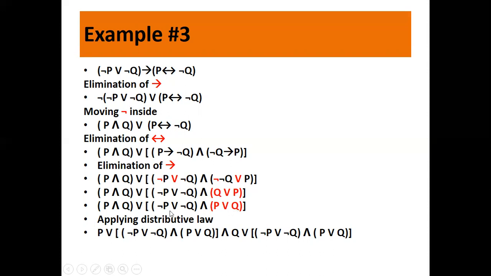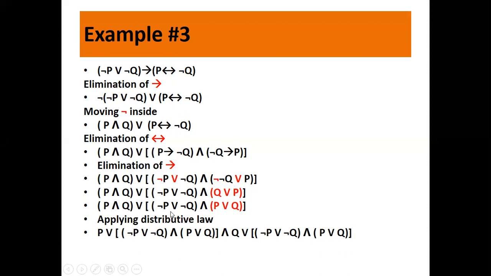Now after this, what we do is we apply the distributive law. When you are applying the distributive law, just look at it. We are saying P or this whole thing, right? Negation of P or negation of Q, and P or Q, right?